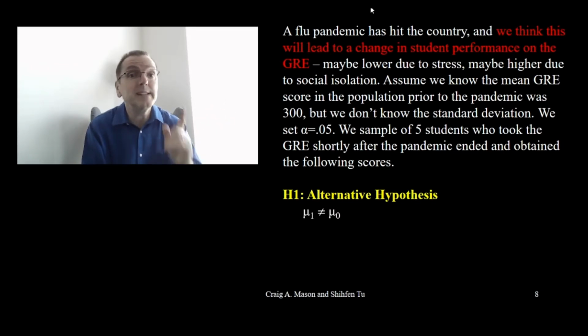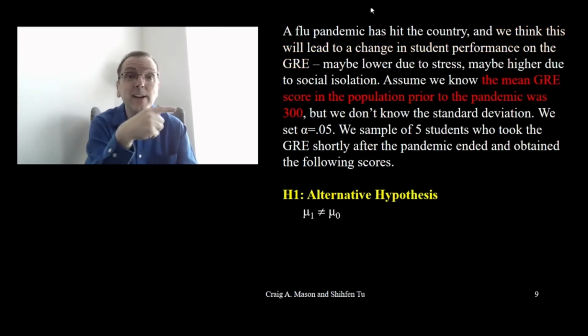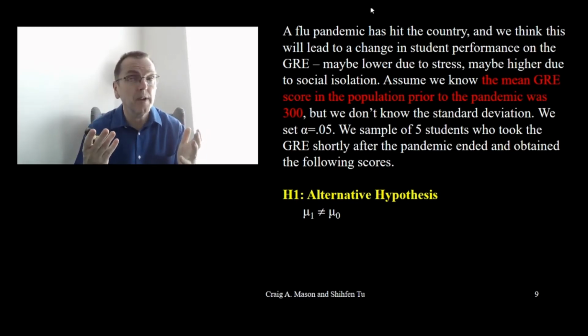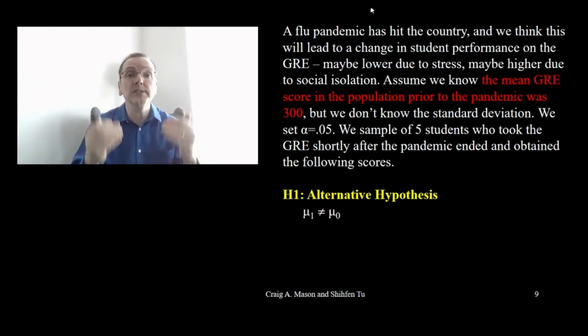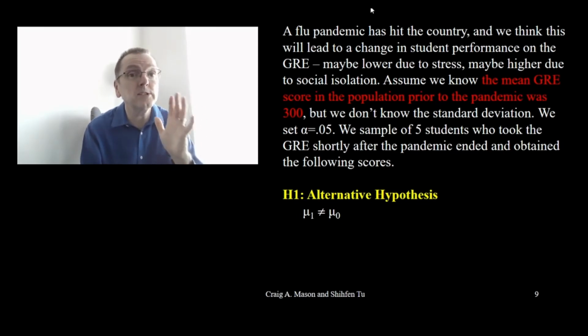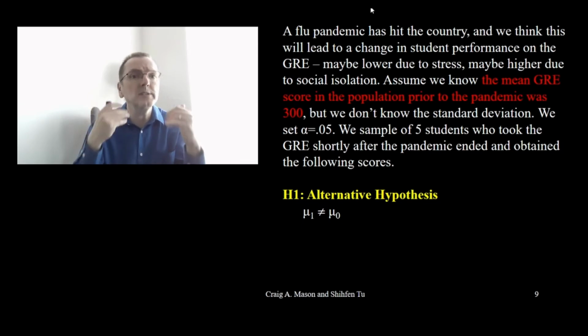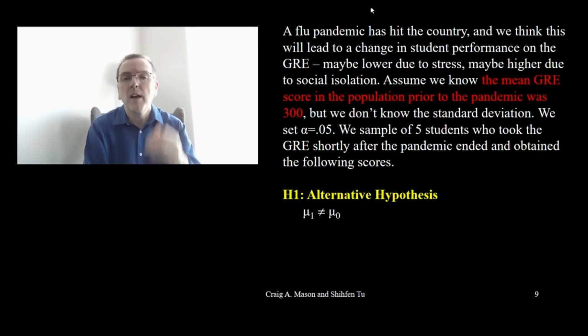Well, we see that right here in this highlighted section. We think the mean after the pandemic will be different than 300. So 300 is the mean that we expect to see if the null hypothesis is true. If there is no difference, if there is no change, we'll see 300. 300 is our mu0 in this case.